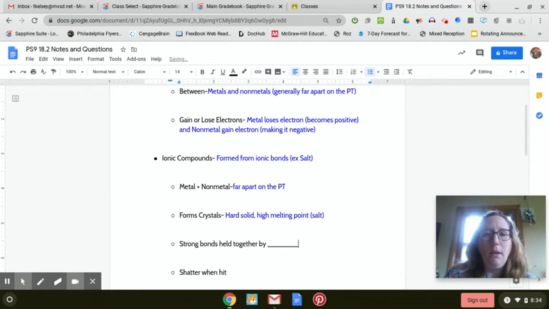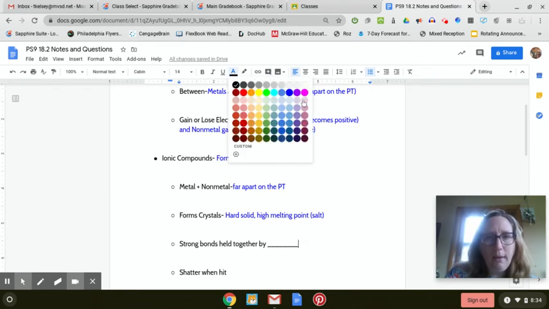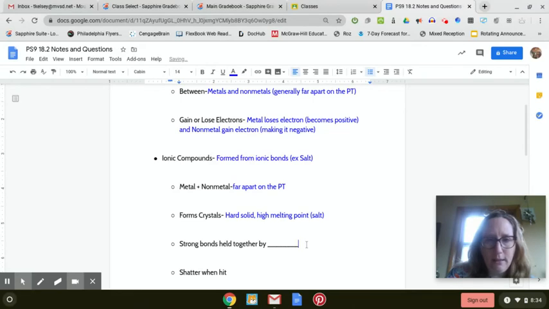The bonds are pretty strong and they are held together by electric forces. The positive and negative charges hold them together.